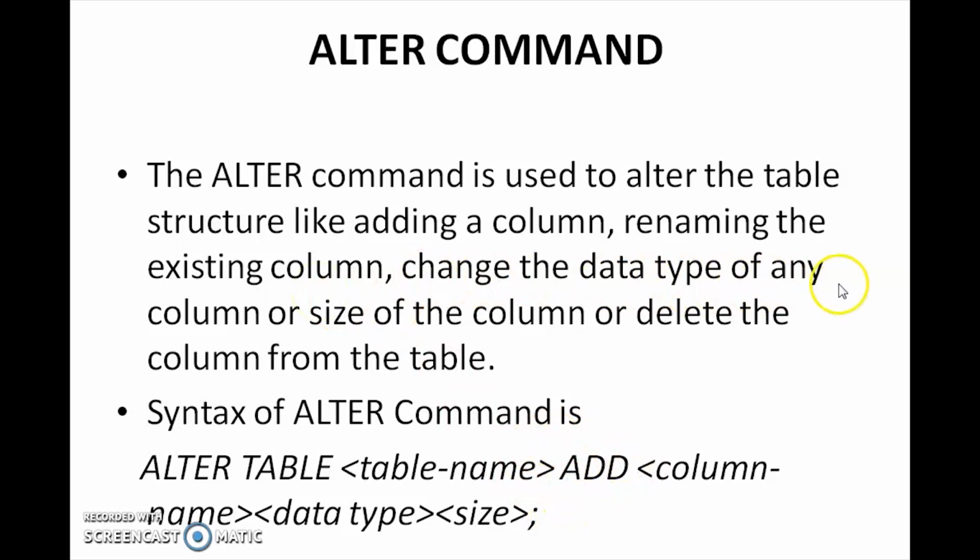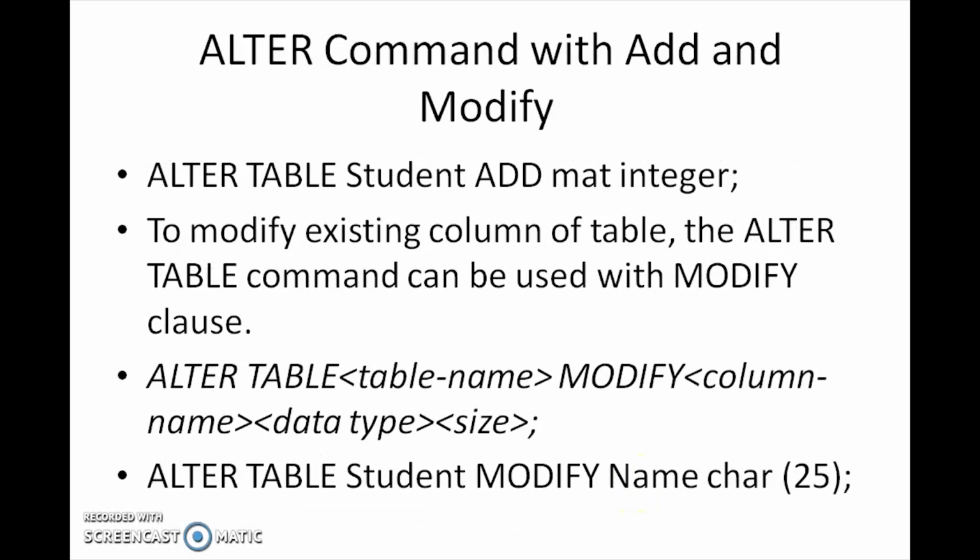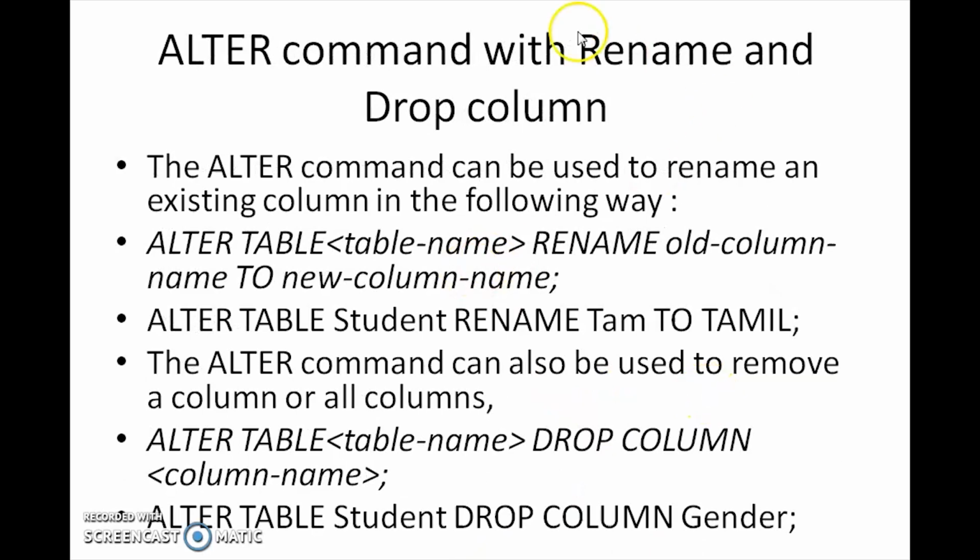For changing the data type or size of a column we use modify. And for deleting a column from the table we use the alter command with drop. So for these four purposes we use the alter command: add, modify, rename and drop column.